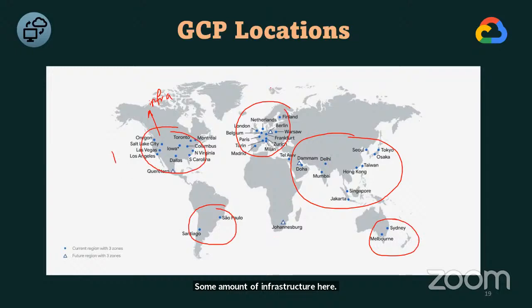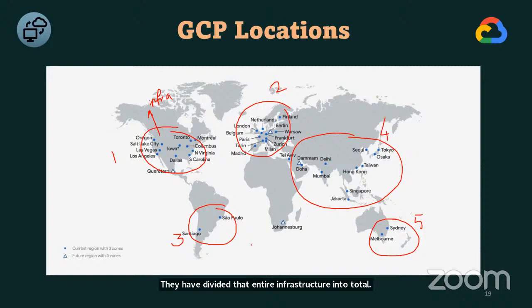So 1, 2, 3, 4, 5. This is our world map, our globe. Instead of keeping the entire infrastructure in one single location, they have divided it into a total of 5 locations.